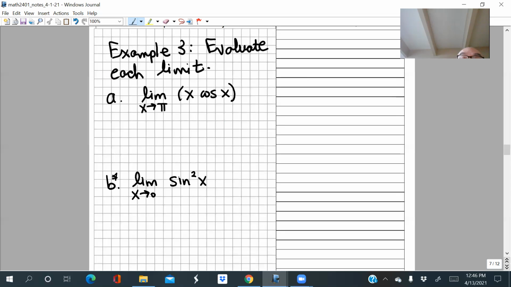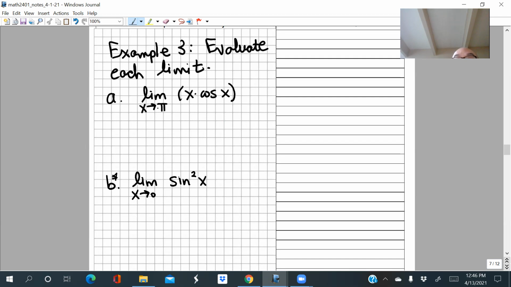So here, since you're multiplying the continuous function x times this trig function, and trig functions are continuous, you're multiplying 2 continuous functions together to get this formula. That means this formula also is continuous, and its domain also, as it turns out, is going to be everything, all real numbers.